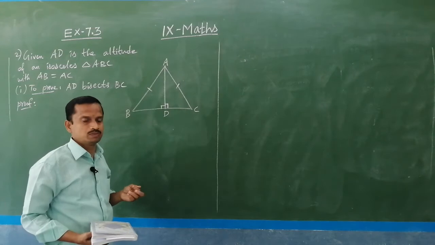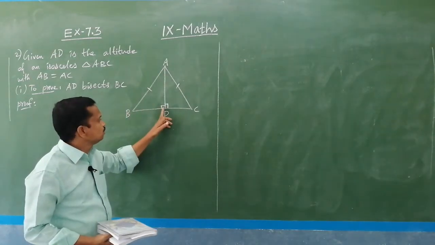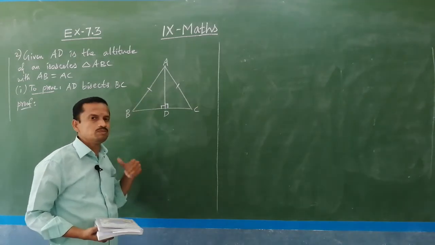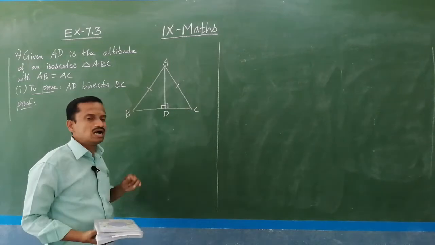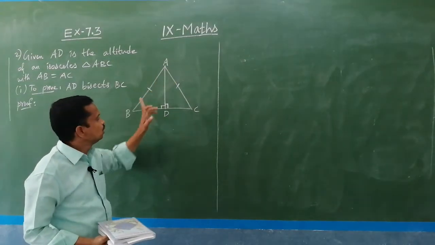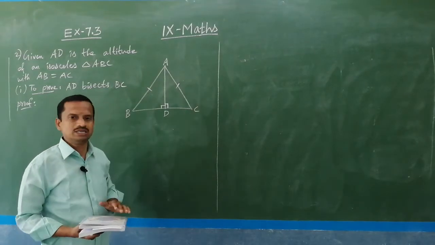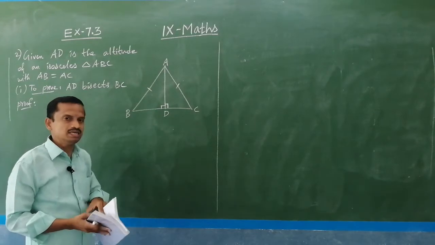Altitude means the perpendicular distance from vertex A to the base BC. This AD should make 90 degrees with the base BC. So we can have these two angles as 90 each.